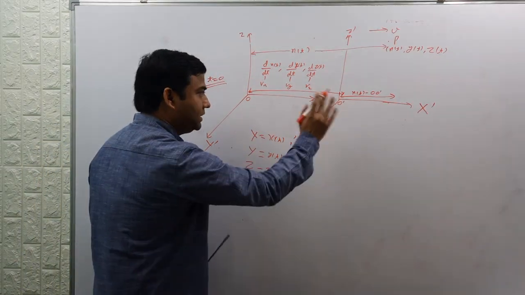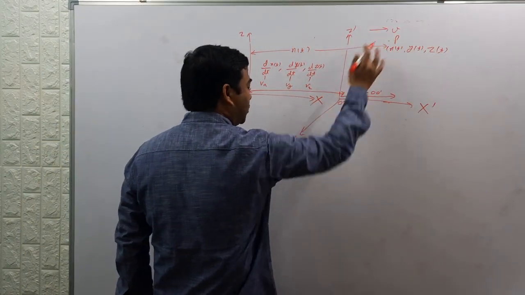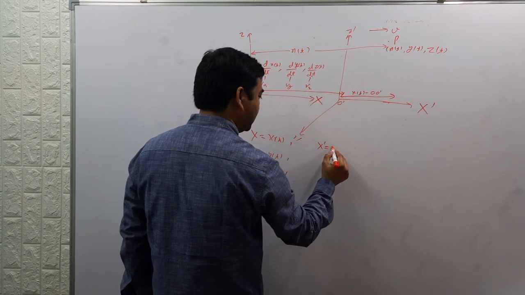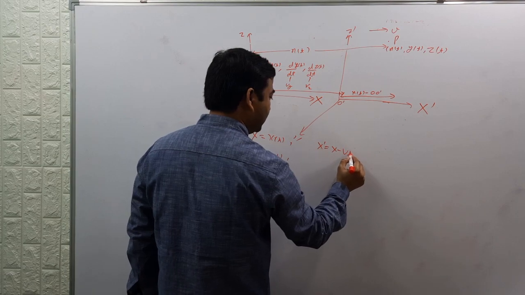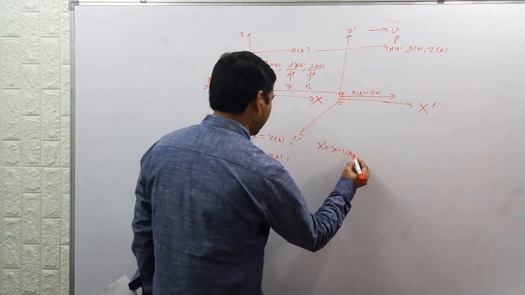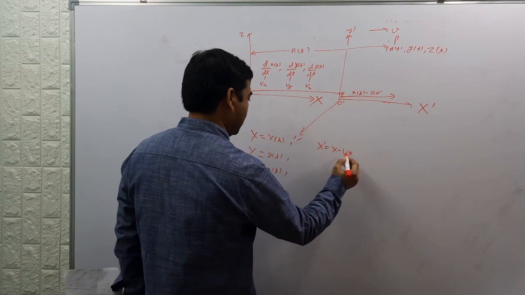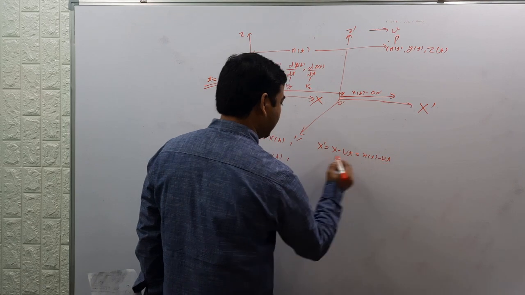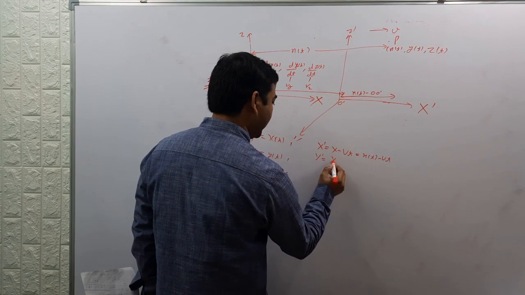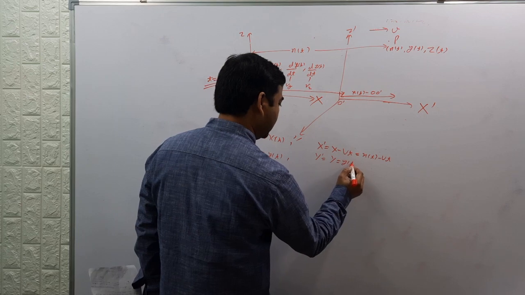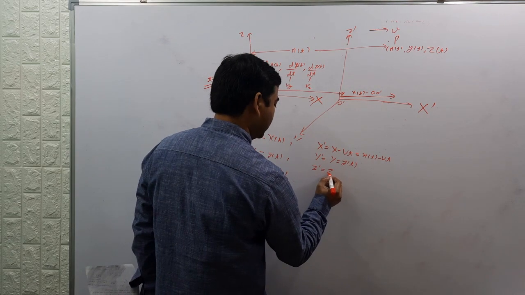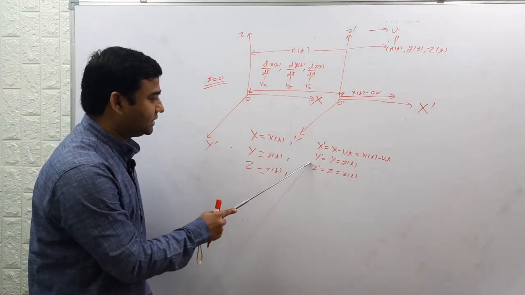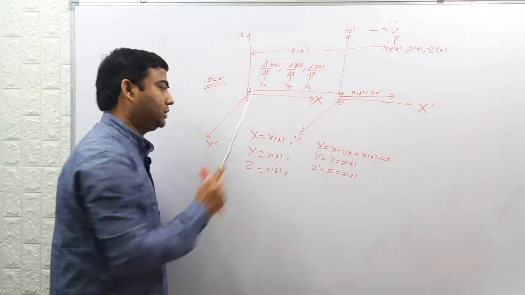Similarly, we have seen that same coordinates of this point from this frame after time t will be given by x dash is equal to x minus vt, or you can say xt minus vt. y dash is equal to y is equal to yt, and z dash is equal to z is equal to zt. These are coordinates in this moving frame for the same point.